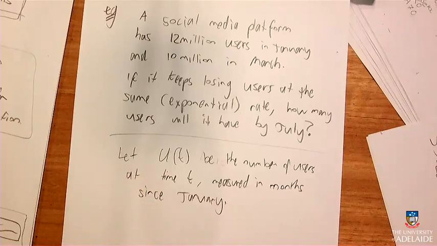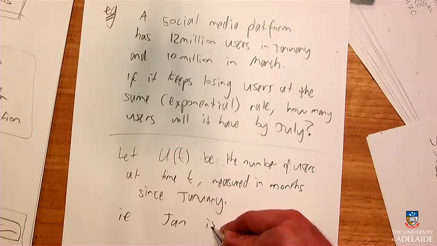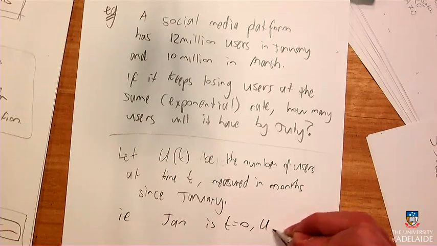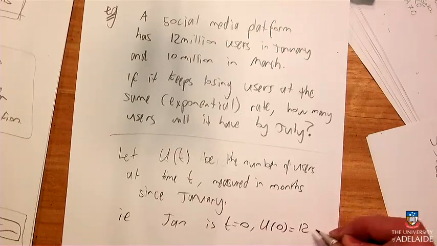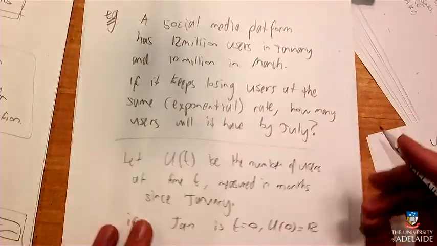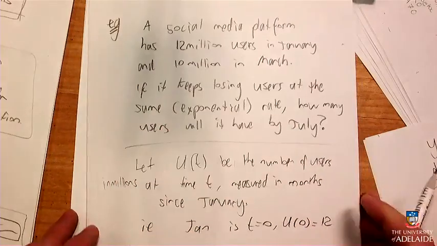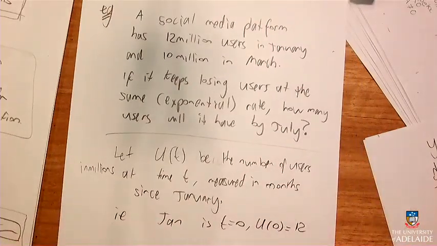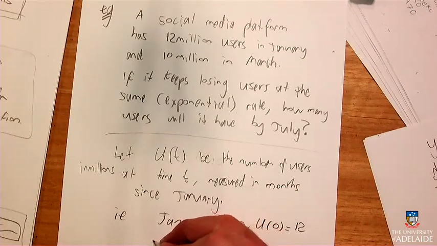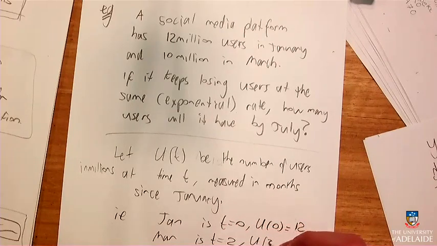Okay, so January is t equals 0, and so U of 0 is 12 million. Oh, let's do it in number of users in millions, so that we don't have to write 12 million, we can just write 12. And March is t equals 2, so U of 2 is 10 million.